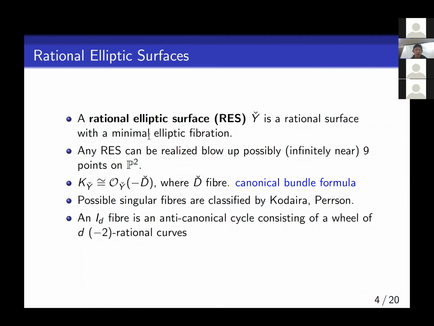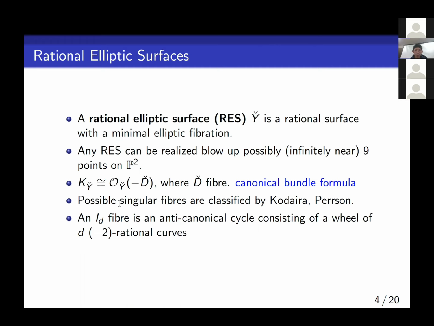Any rational elliptic surface can be realized as the blow-up of P2 at 9 points, which are the base points of a pencil of cubics. Since it's an iterated blow-up of P2, you can compute its canonical bundle by the blow-up formula for canonical bundles, and it's minus a fiber.